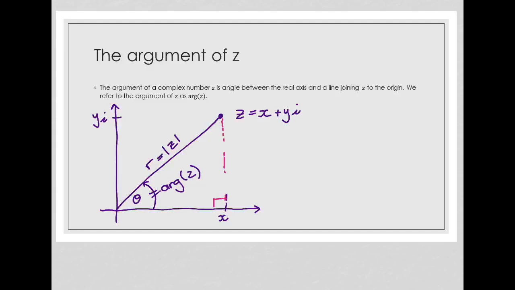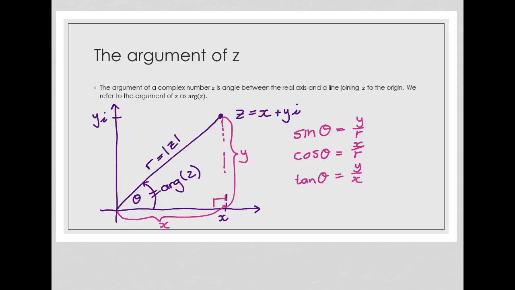So we can use sine of theta, which is y over r, or cos of theta, which is x over r, or tan of theta equal to y over x. So it will all depend on which information you have. Right? So remember this distance then, that is the y distance, and down here, that will be the x.